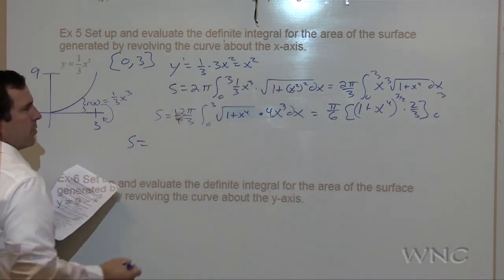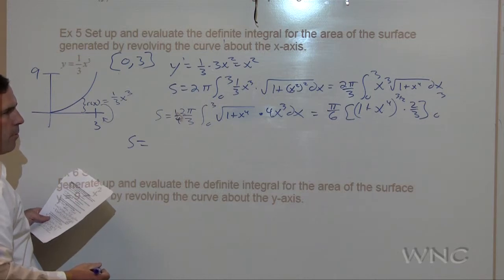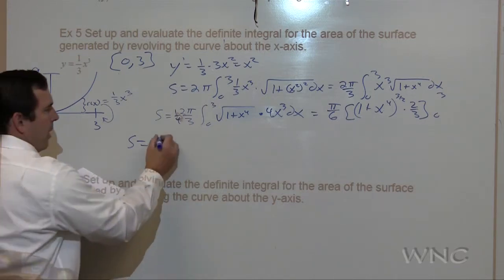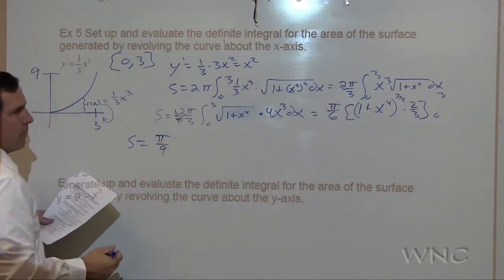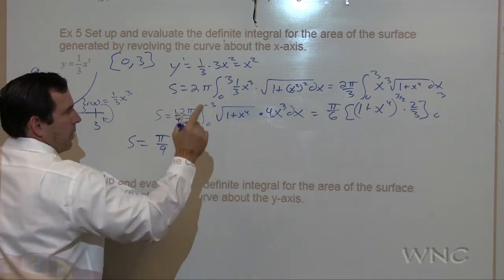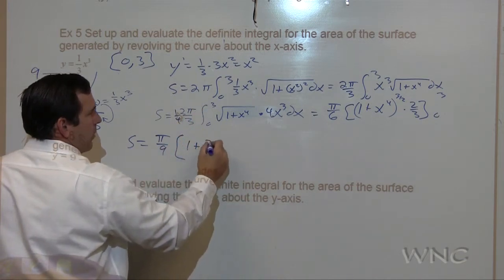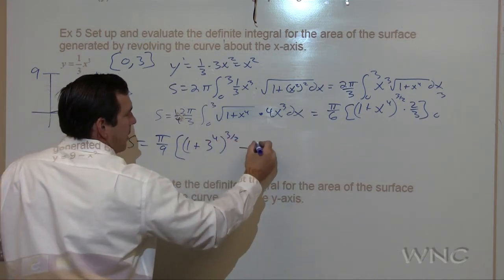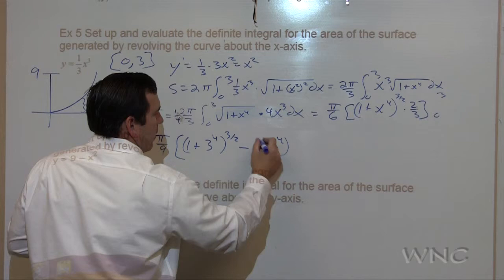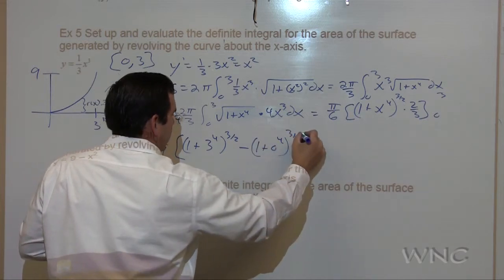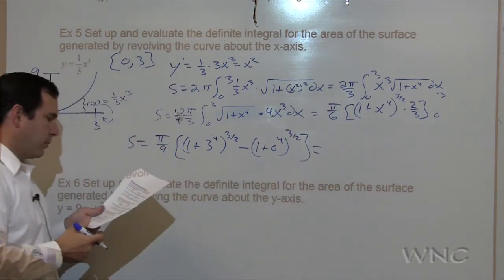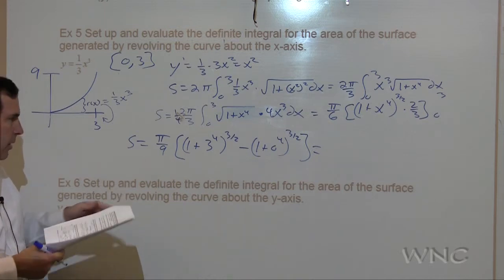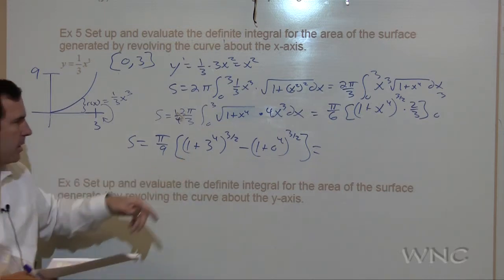So S would be equal to pi over 9 times 1 plus 3 to the 4th, that quantity to the 3/2, minus 1 plus 0 to the 4th, to the 3/2. Okay, so 3 to the 4th is 81 plus 1 is 82.